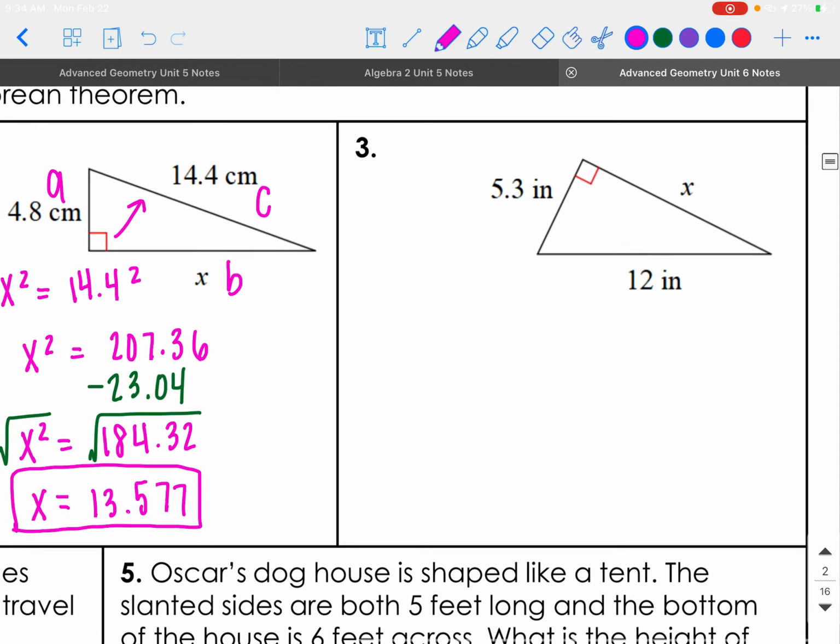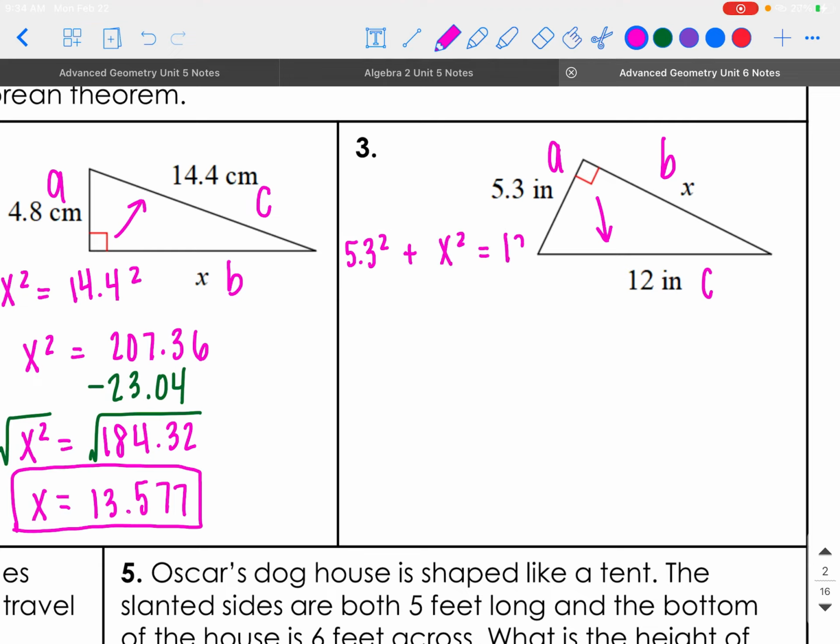Number 3, label the C. This is the one across from the 90. And then we have A and B. So 5.3 squared plus x squared equals 12 squared. So it'd be 28.09 plus x squared equals 144.